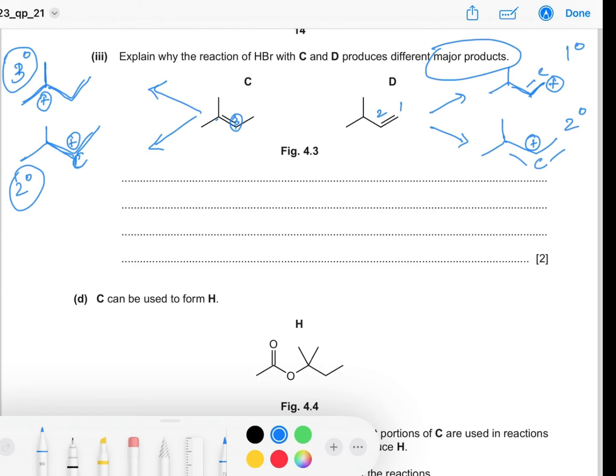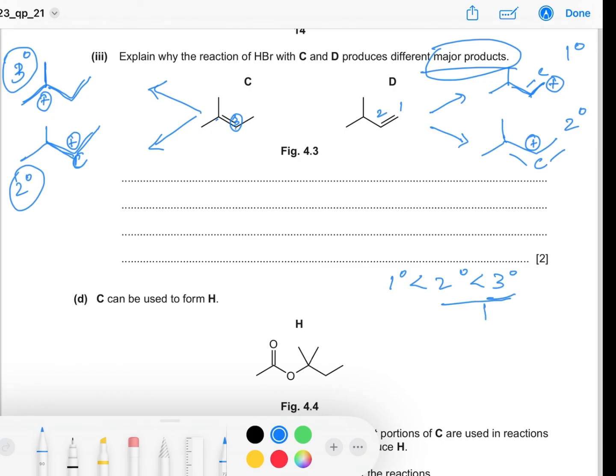Depending on which carbocation you have as the intermediate, you will get different products, and the more stable carbocation produces the major product, whereas the less stable carbocation produces the minor product. And the stability of carbocations increases in the order from primary to secondary to tertiary, tertiary carbocations being the most stable.